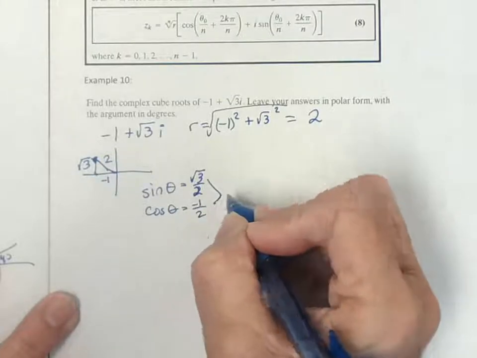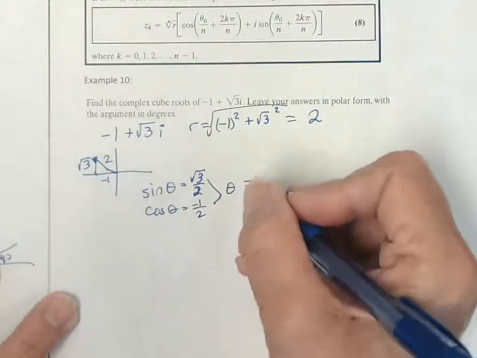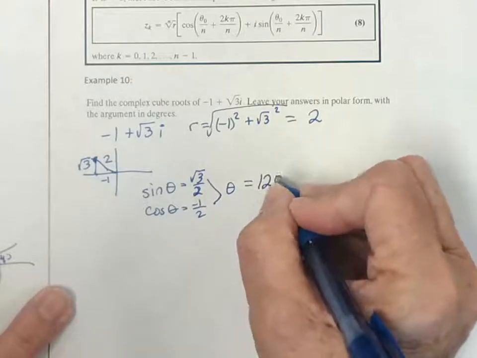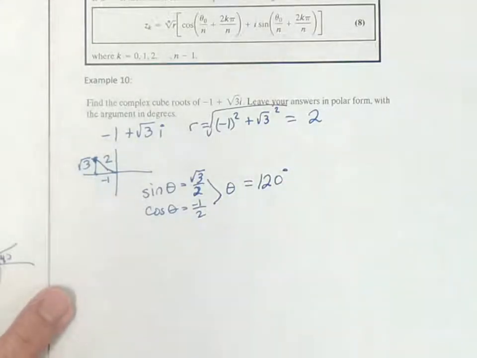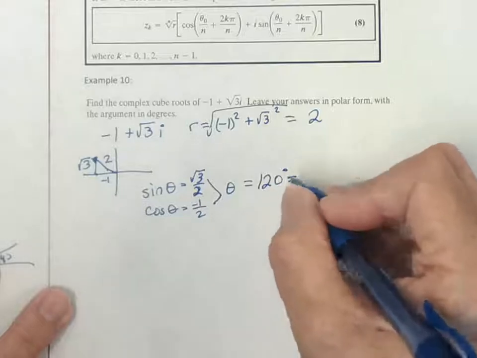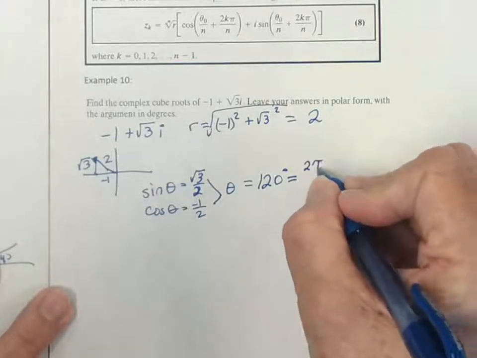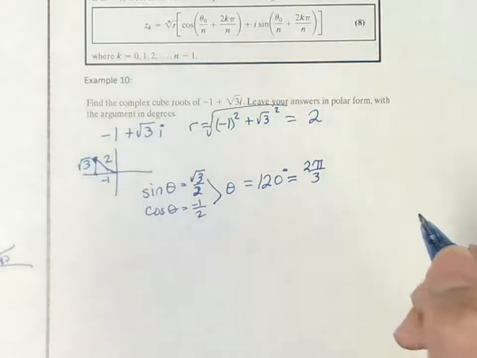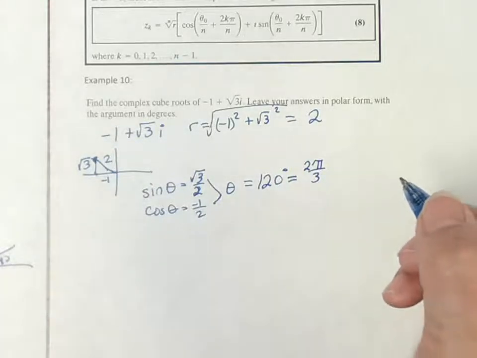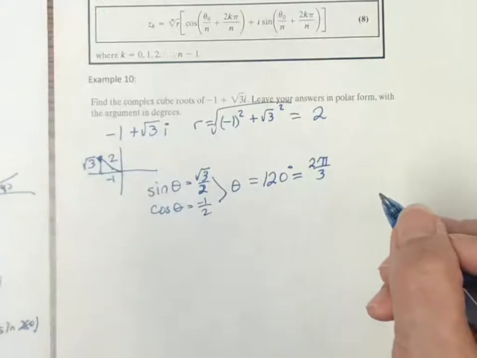Well, this implies theta must be 120 degrees. Or if you want to do this in radians, that is the same as 2 pi over 3. Whichever one you want to use is fine. I'm going to use degrees for this problem.